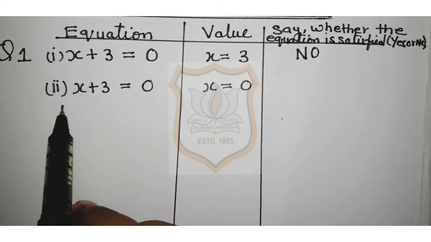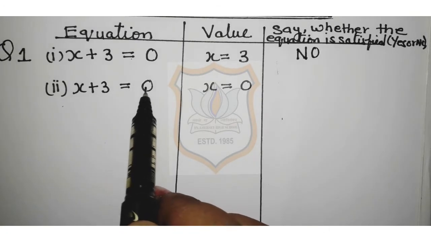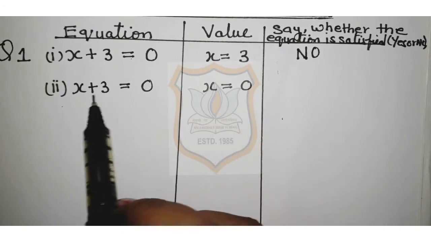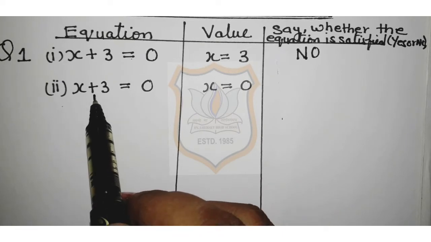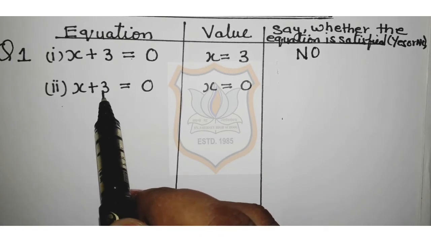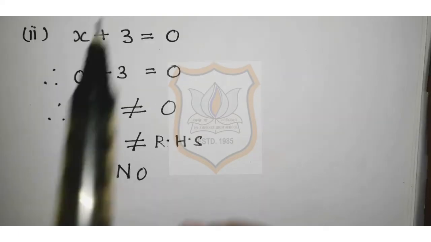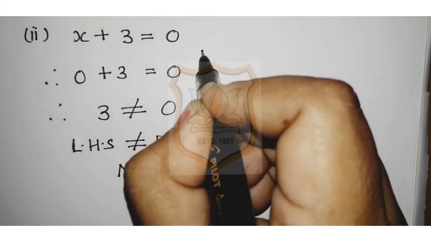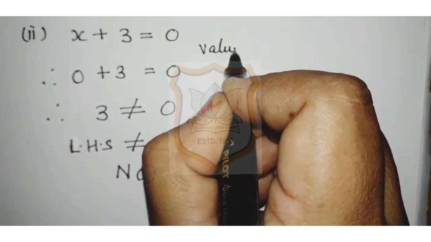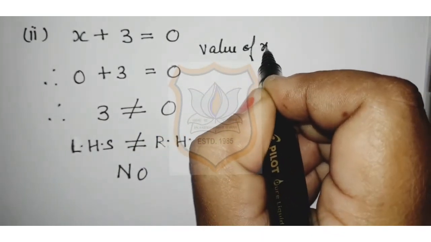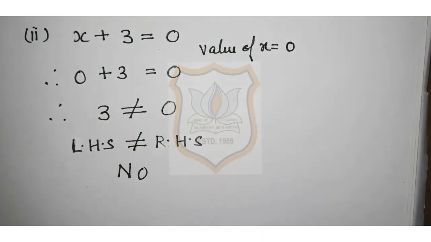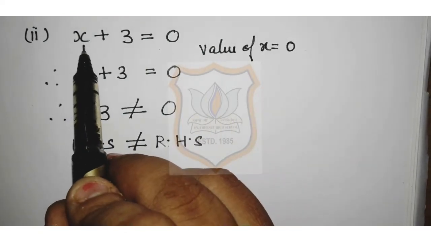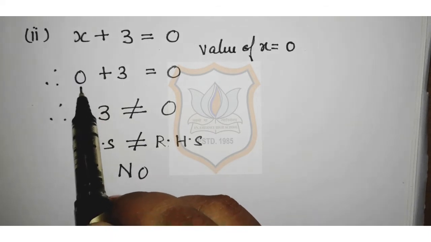Now second part is x plus 3 is equal to 0 and the value of x is 0. Now by putting the value of x in the equation, we find out the answer of the question. Let's solve second part of question number 1. By putting the value of x is equal to 0, that is given. In place of x I will write 0.